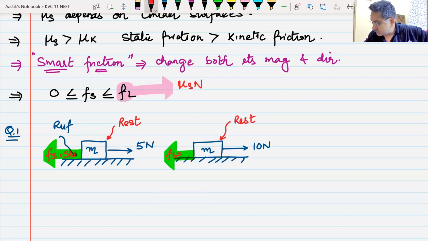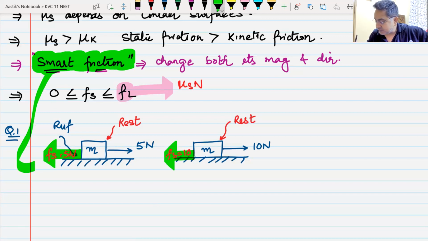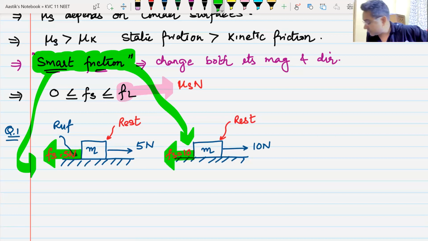So you see, it is smart. Look at the smartness. Here it was 5. Here it is 10. It can adjust its magnitude. Smart friction. It's smarter than us, at least. It knows how much value it should apply so that I don't move.